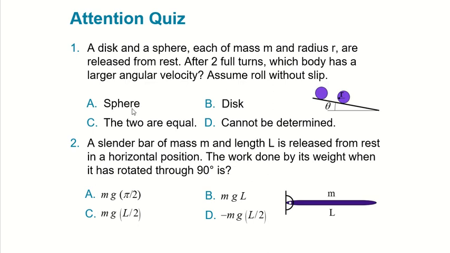This is a disc, and then a sphere is kind of like a little circle, a little spherical ball. So because of the shape, we can choose the sphere, with the smaller mass moment of inertia. So in this case, it's a sphere.